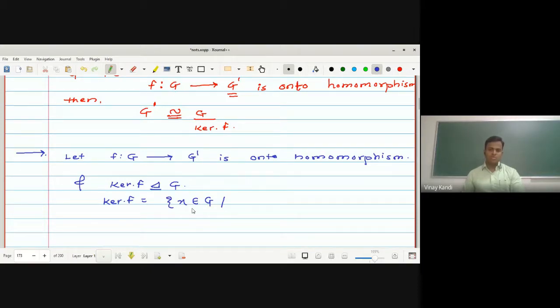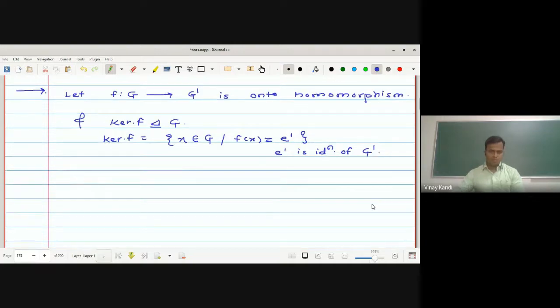G. The collection of those elements belonging to G such that f of x maps to e dash, where e dash is the identity of G dash. Say it quickly. If you don't answer, I will move ahead, I won't wait. So kernel of f is equal to the set of x belonging to G such that f of x is equal to e dash, where e dash is the identity of G dash.